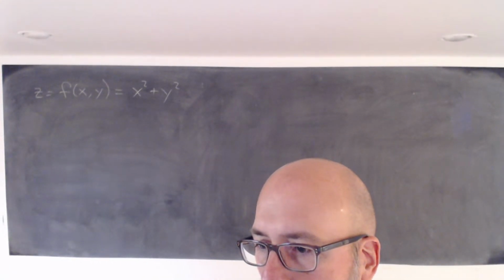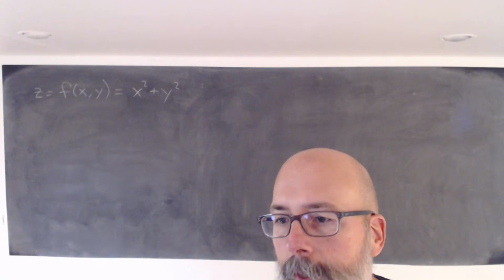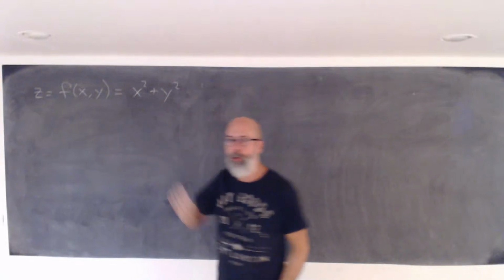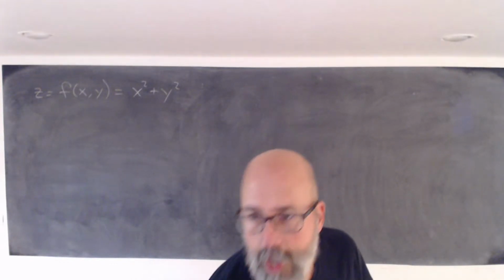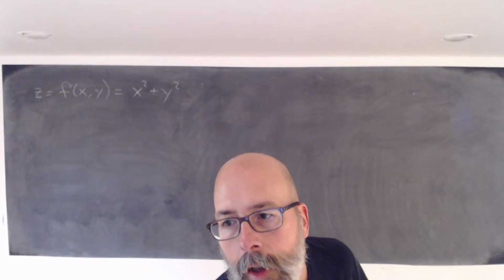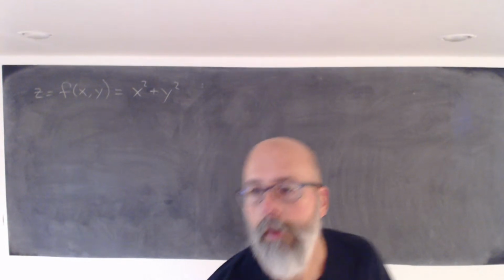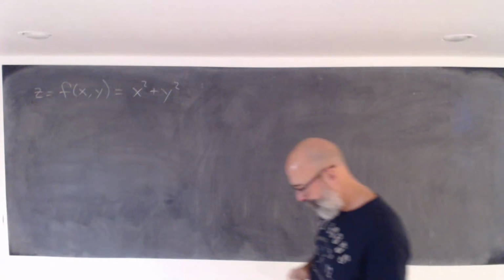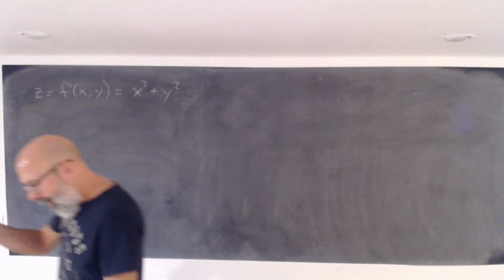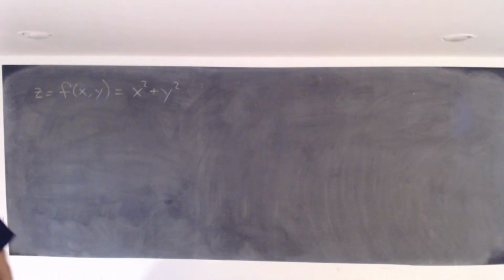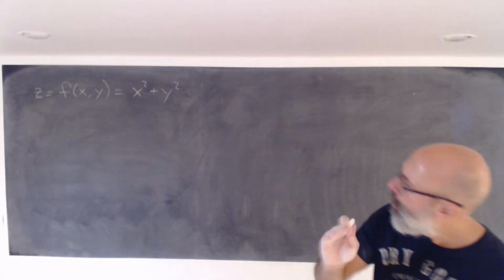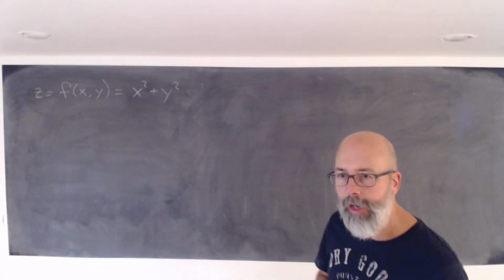Now, we want to graph this. Our goal is to graph this, understand what the graph looks like. And graphing in 3D, we don't know how to do that, but you know how to graph in 2 dimensions, right? If I give you y as a function of x, you know exactly how to do that.